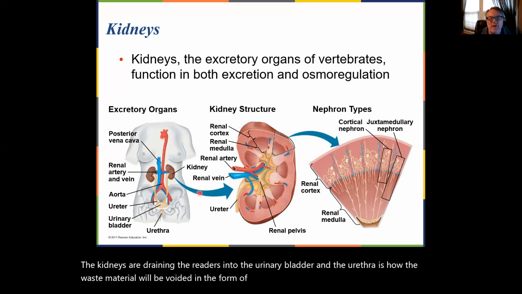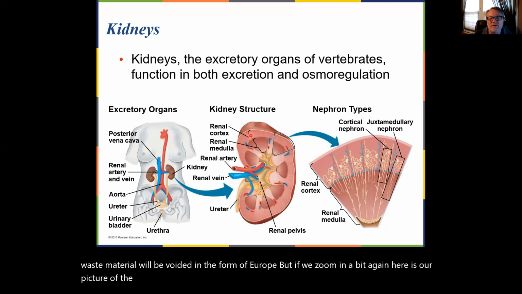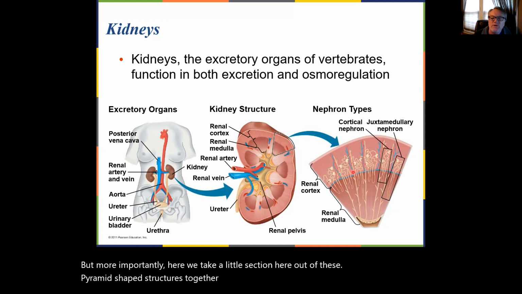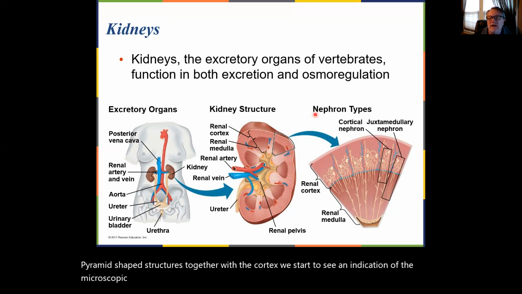But if we zoom in a bit, again, here is our picture of the kidney structure with the cortex, the medulla, and the pelvis. But more importantly here, if we take a little section out of these pyramid-shaped structures together with the cortex, we start to see an indication of the microscopic anatomy of the kidney in this major structural unit called the nephron.